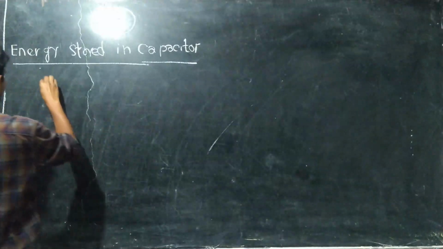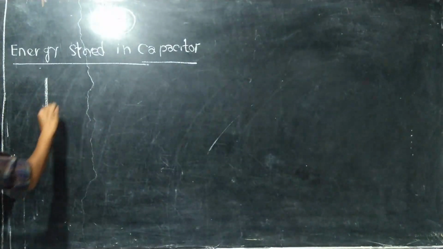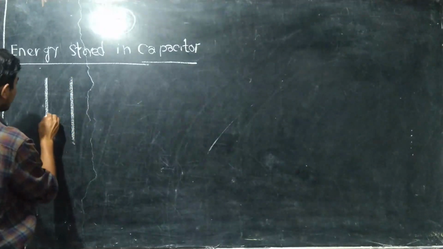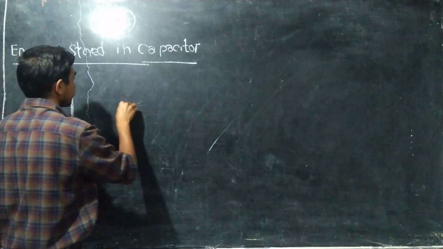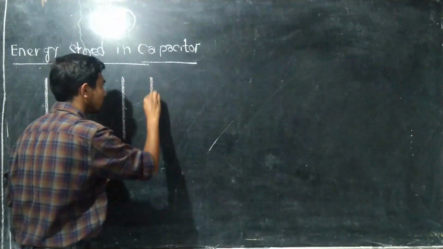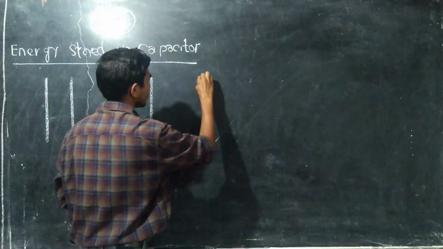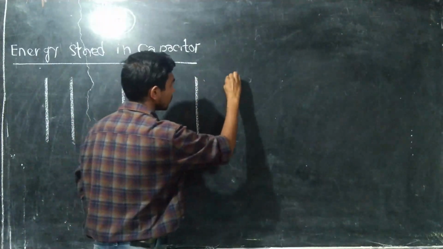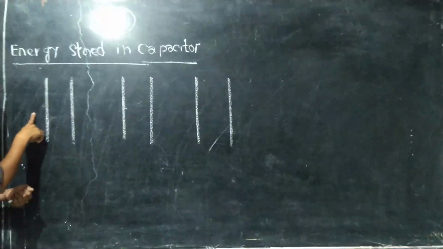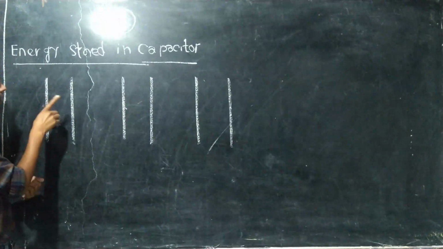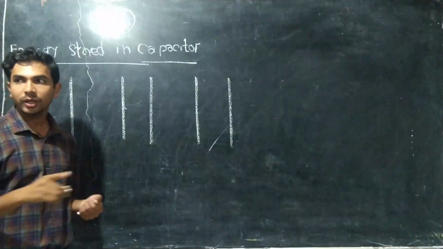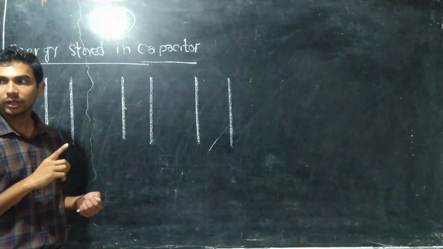Suppose this is the plate of your parallel plate capacitor. This is the initial condition. In the initial condition, there is no charge on the capacitor.